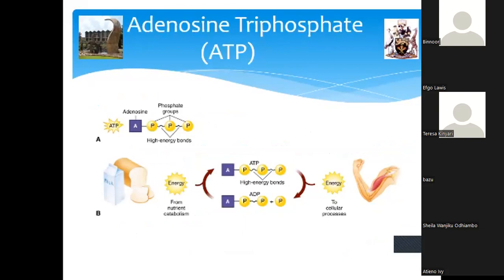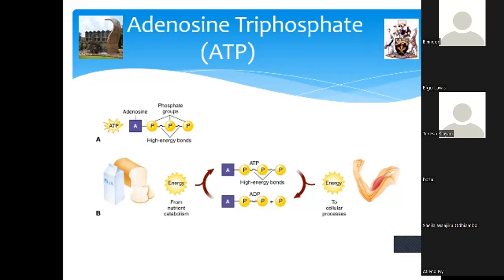So ATP basically is an important source of energy. You can see one ATP has adenosine, which is bound to 3 high energy phosphate groups that are bound together. And most of this energy we get from milk, from bread, and from all the other products. And it's normally important in ensuring that we have a source of energy.